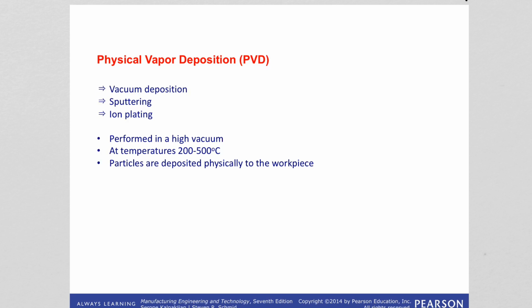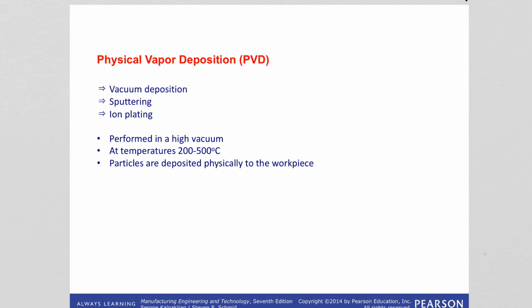These processes are performed in a high vacuum and at temperatures in the range of 200 to 500 degrees C. So remember, you are doing deposition from a vapor phase, right? You don't want any type of impurity, any other form of particles floating in the air. Otherwise you cannot do a good deposition, you cannot get a good quality film.